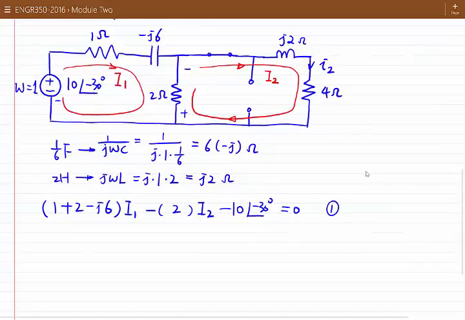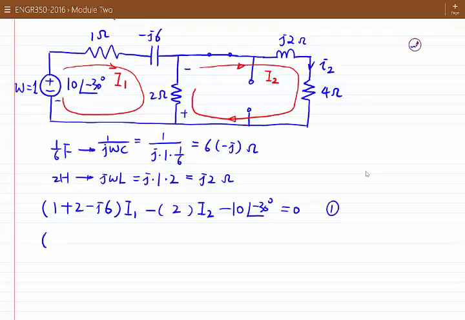So let's look at equation 2. For mesh 2, the first term is the voltage drop due to I2 current. Here in the bracket, it should be the sum of the total impedance in mesh 2. So we have 2 ohm plus j2 ohm plus 4 ohm.